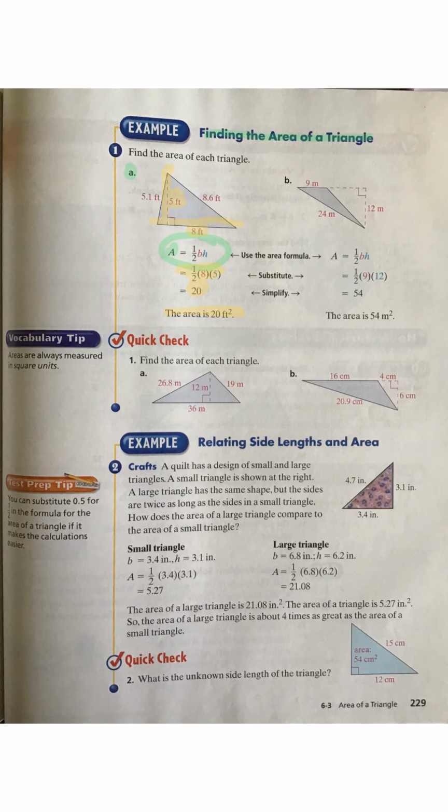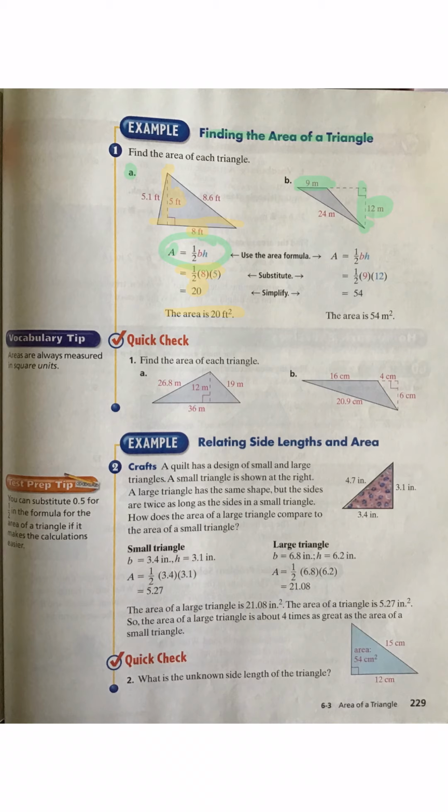The second example here, we are going to use this as the base. The vertex across from it is going to be right here. So therefore we want to find the straight line that would go to the base, which equals the 12.